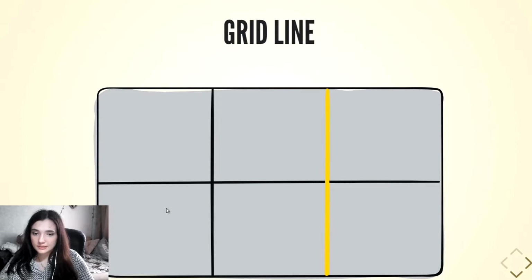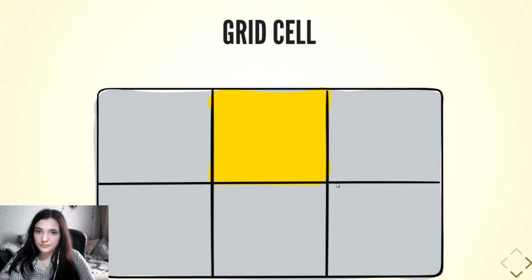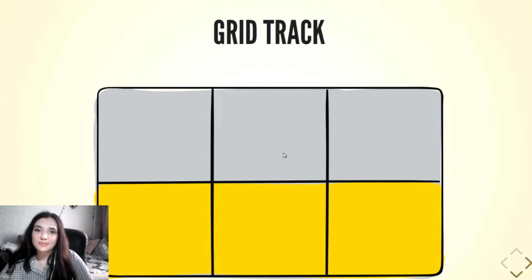Grid line. Grid line is the dividing line that makes up the structure of the grid. Grid cell is the space between two row and two column grid lines. Grid track is the space between two grid lines.